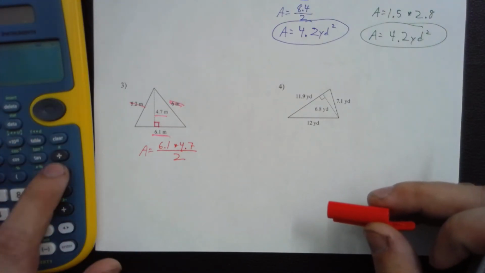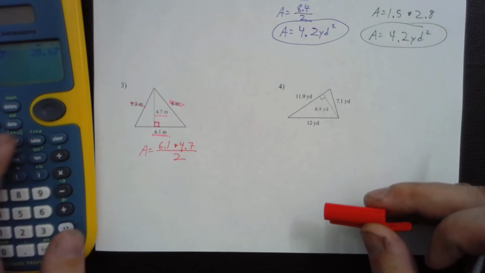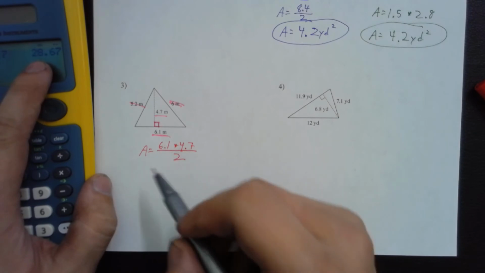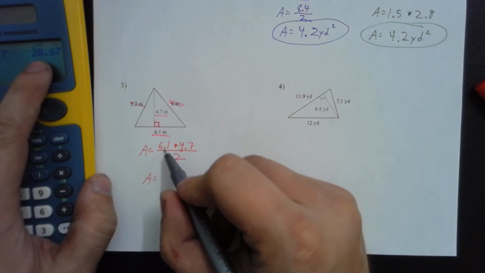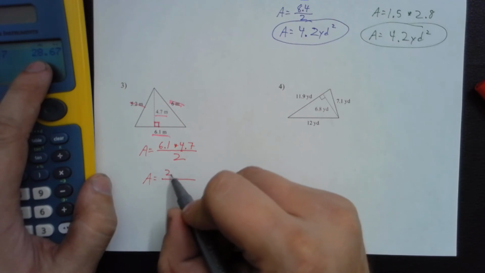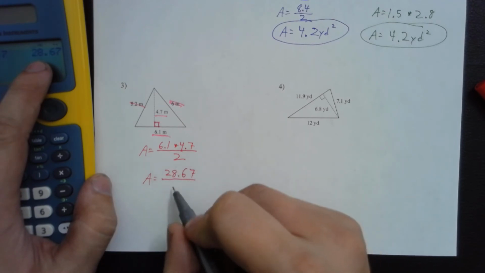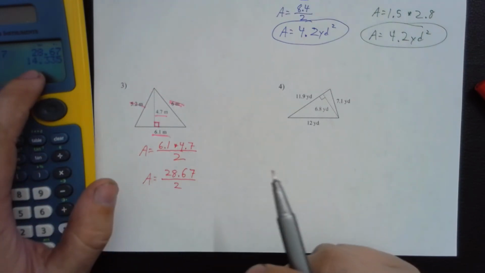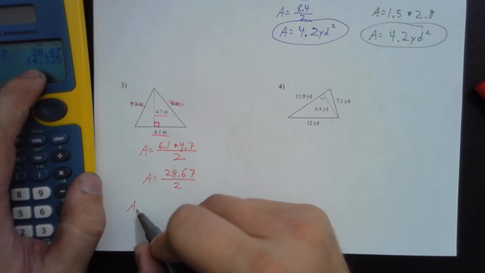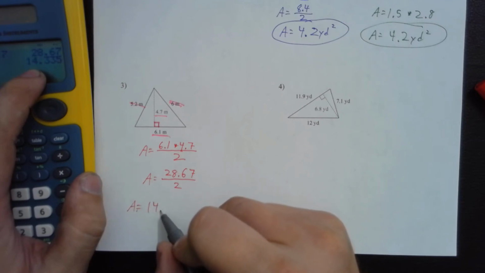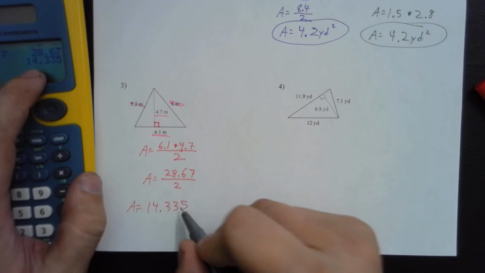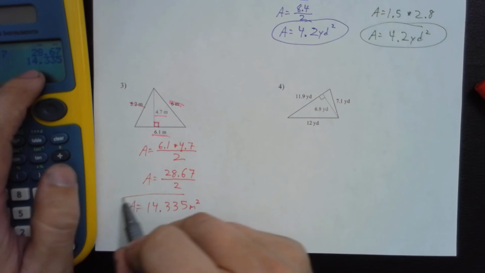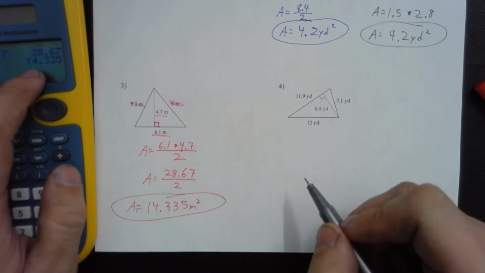So 6.1 times 4.7, and I got 28.67 just for this multiplication part. Now I have to divide by 2. And I get 14.335. These were meters, and they are squared. That's what I get for number 3.